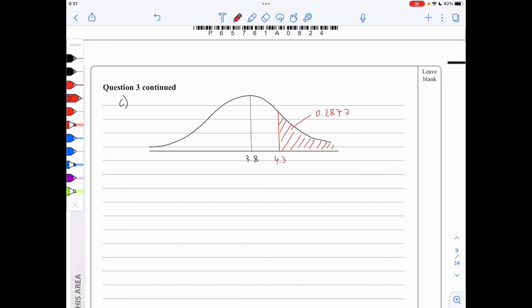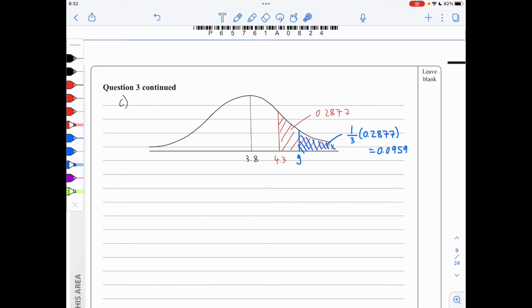And we need to find that value g such that the probability that we are above this is a third of 0.2877, which works out to be 0.0959.